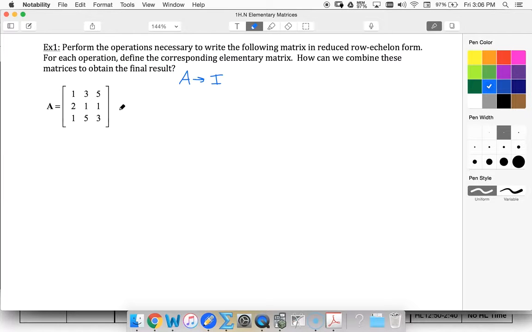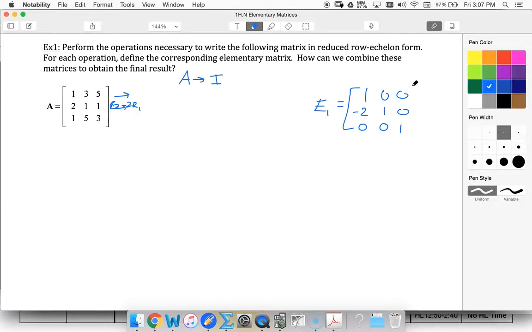First of all, I'm going to leave row 1 alone, and I'm going to do row 2 minus 2 row 1. Okay, so if I do that, my corresponding elementary matrix, I'm going to call that E1. So I'm leaving row 1 alone. I'm going to do row 2 minus 2 row 1, so negative 2, 1, 0.